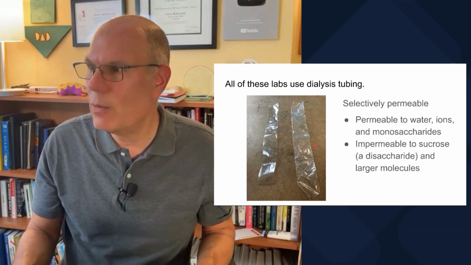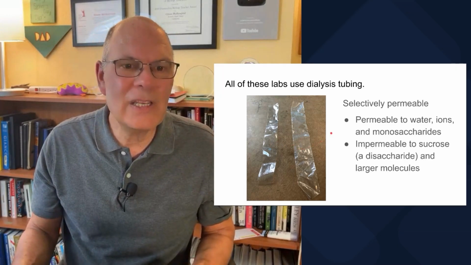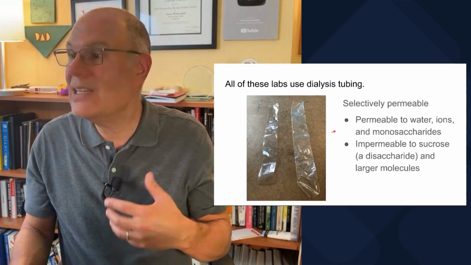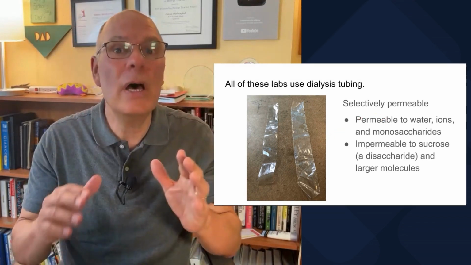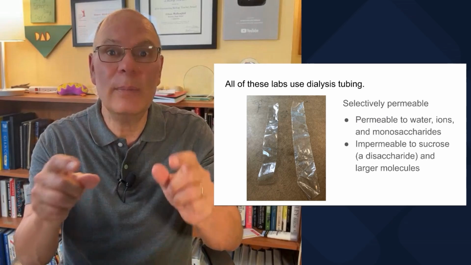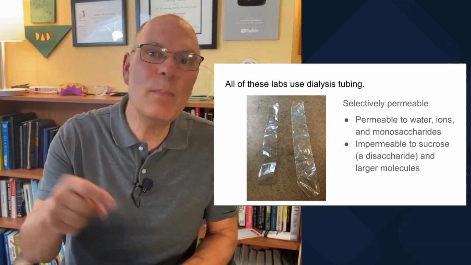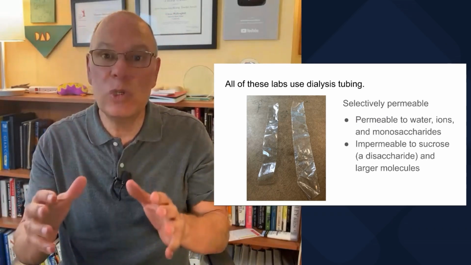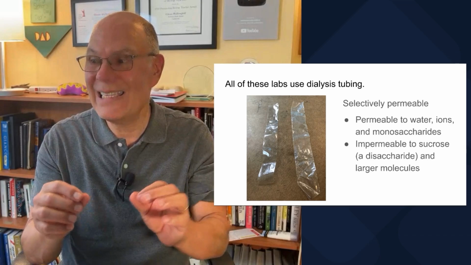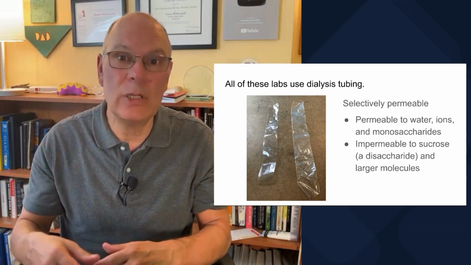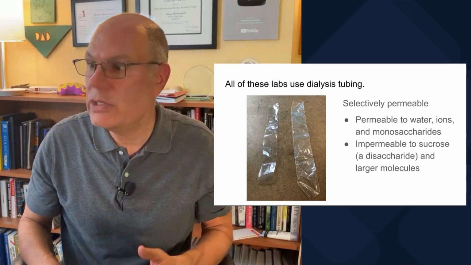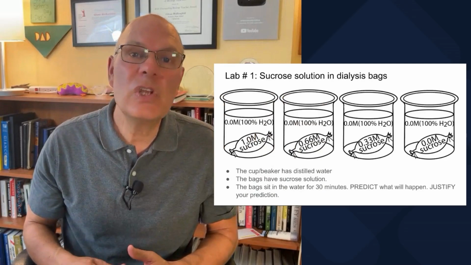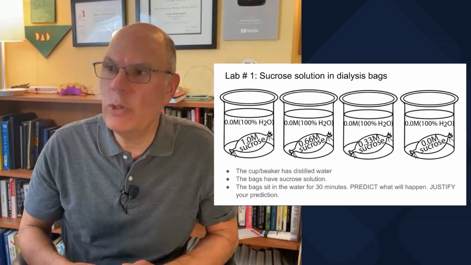This is what it looks like when it's dry. The main thing is that dialysis tubing is selectively permeable. The dialysis tubing that we'll be using in labs is so impermeable to sucrose, which is a disaccharide, and larger molecules like polysaccharides and so on and so forth. So lab number 1, you do this.